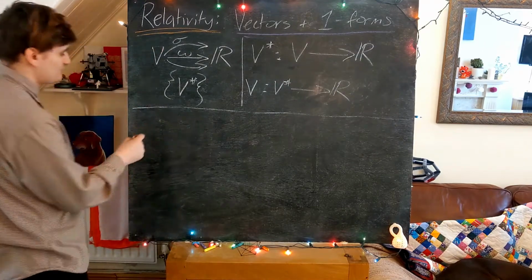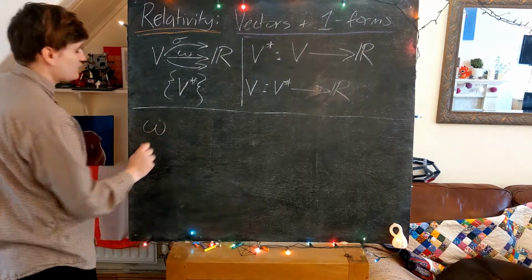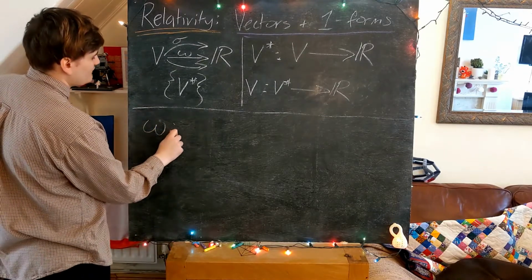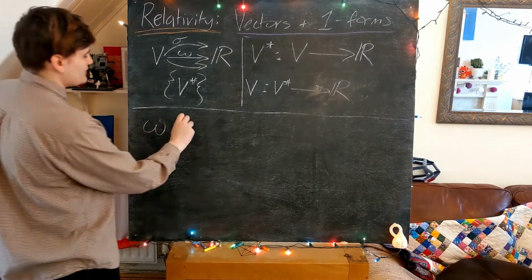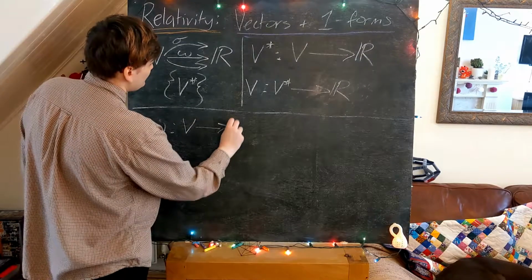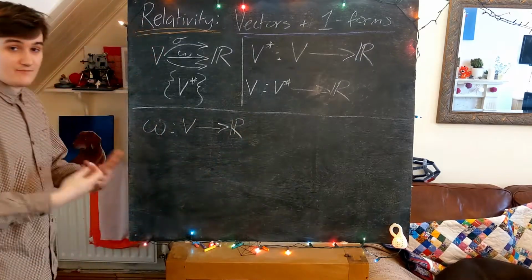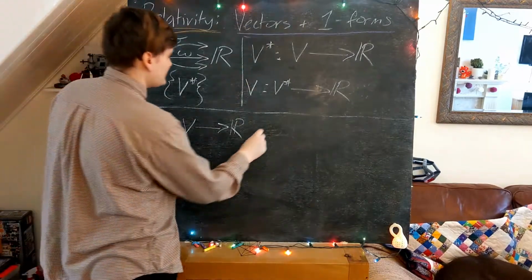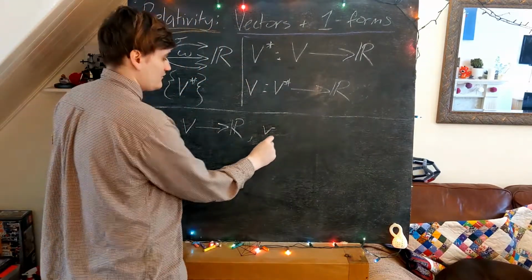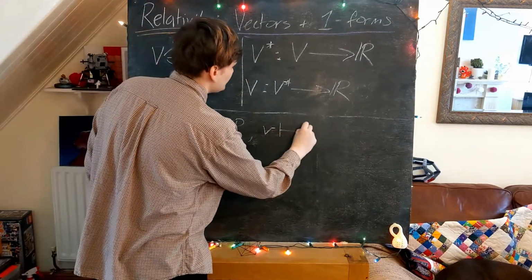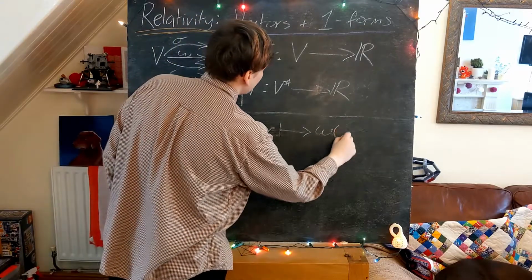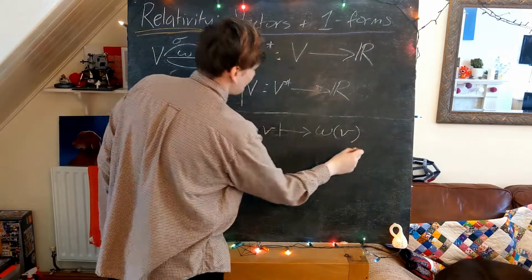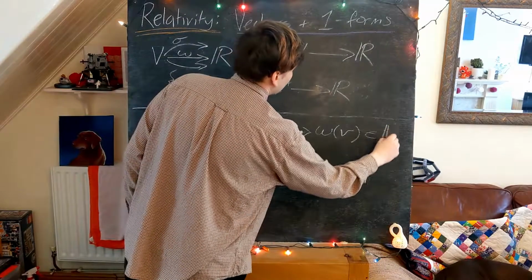I've written some here. A one-form, let's for now call it omega, is a map that takes a vector into a real number, and we write this by saying we take any vector v and map it to this object omega v, which is a real number.